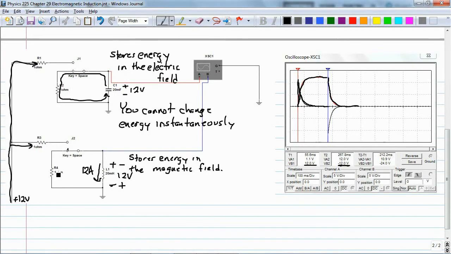Now, if I were to change this resistor to 2 ohms, well, what would happen is that the induced potential to keep that 12 amps flowing would increase to 24 amps. I'm sorry, 24 volts.